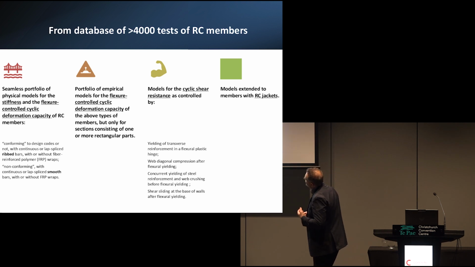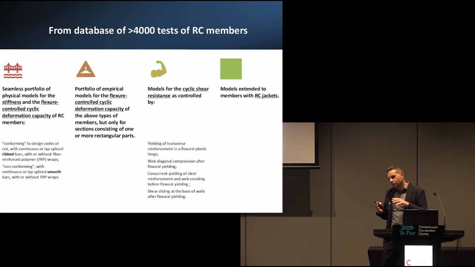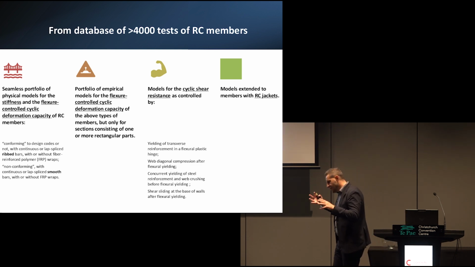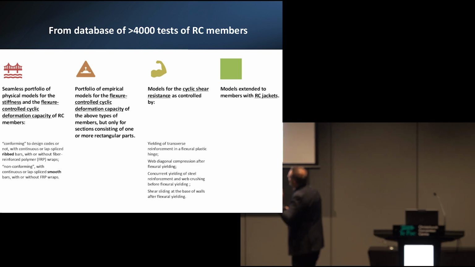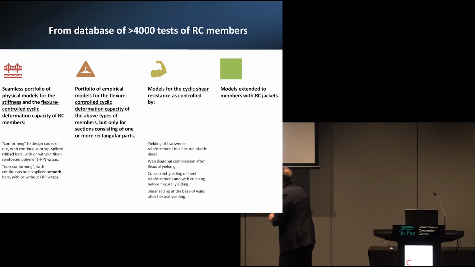But the idea is that within the database, in the model code, in that part, you can basically cover conforming rebars, then non-conforming, meaning possibly even with lap splices in the plastic hinge, something that, unless they change it, I don't think so, in the New Zealand standard, we are not allowed to have any lap splices in the plastic hinge.